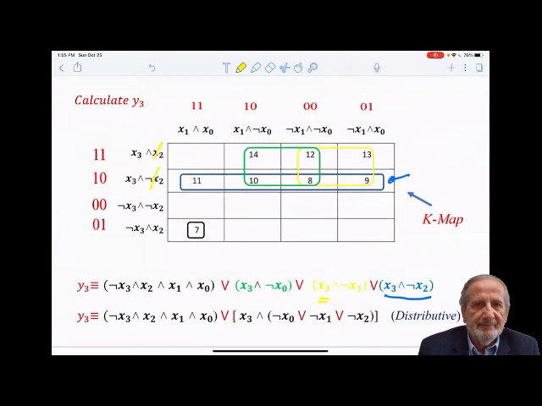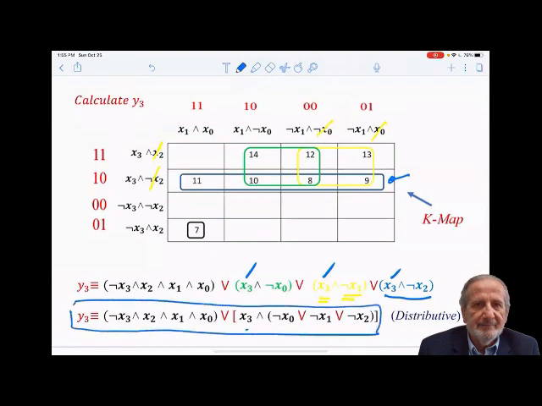On top, this X0 and not X0 cancelled, not X1. And the green is the same thing. And then what happened is, you notice now that X3 is here, here, and here. You can take it out and use the distributive rule to get this answer.